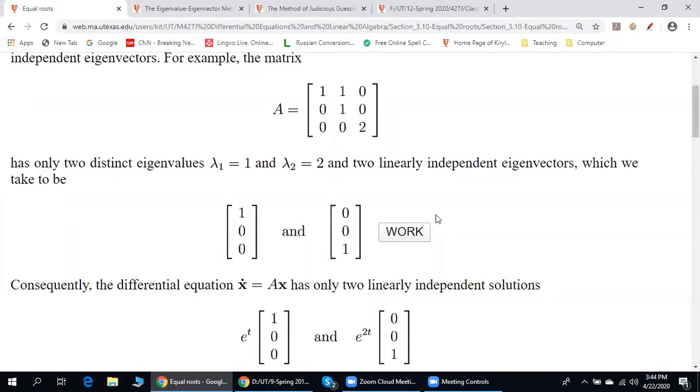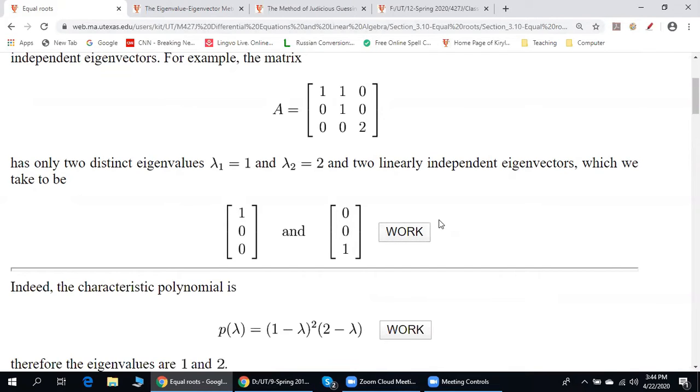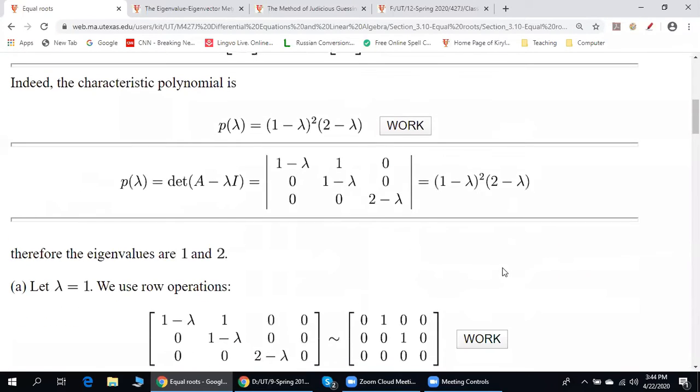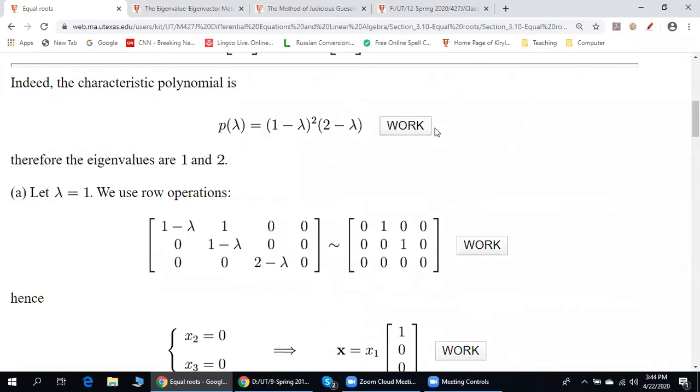Unfortunately, for this 3 by 3 matrix, it is impossible to find 3 linearly independent eigenvectors. Here's why. It is easy to see that the characteristic polynomial of this matrix is over here. So there are only 2 distinct eigenvalues, 1 and 2.